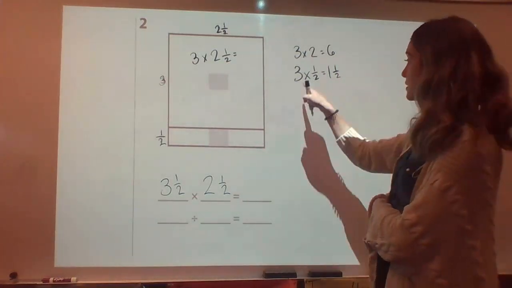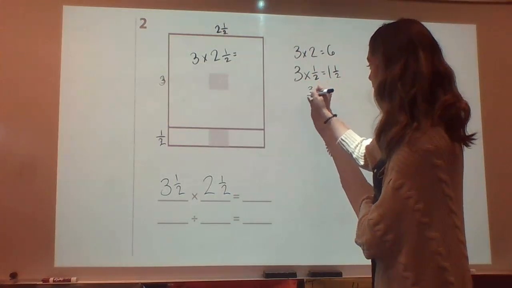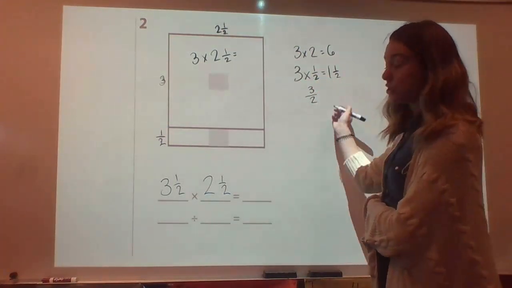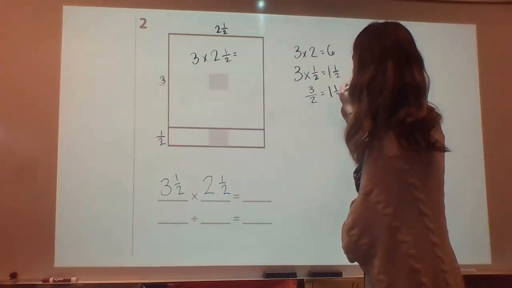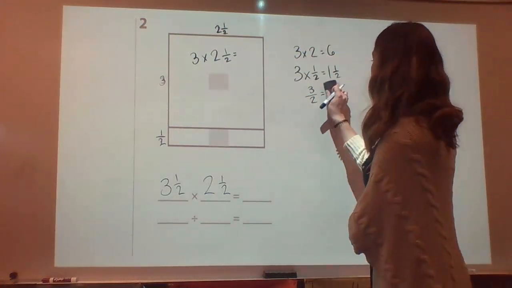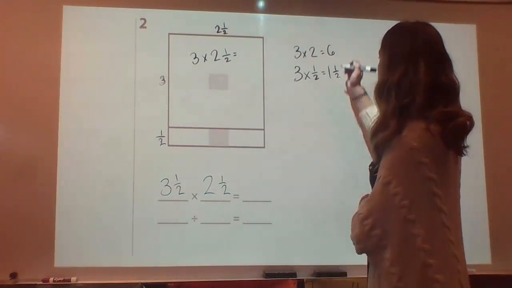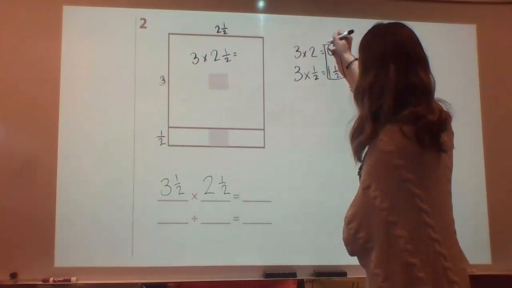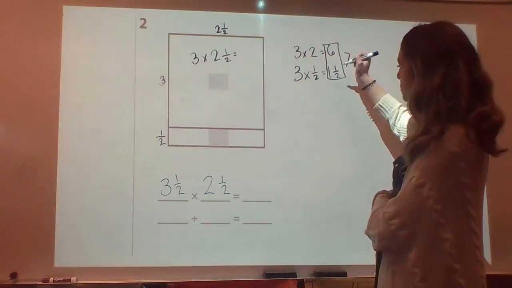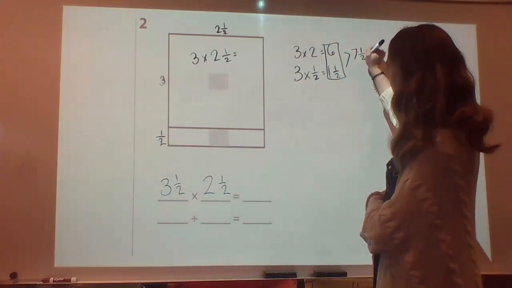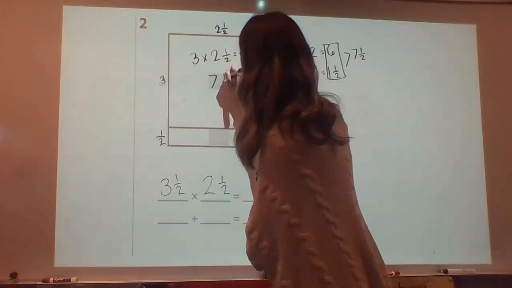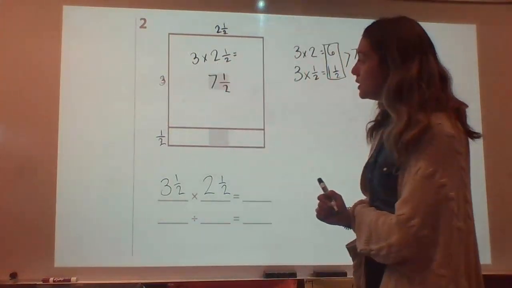Another way I could have said this is 3 times 1/2 gets me to 3/2, which is also equal to 1 1/2. Now, friends, I will put these two together to get my answer. 6 plus 1 1/2 is 7 1/2. That is my answer here.